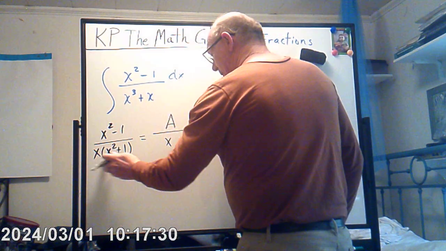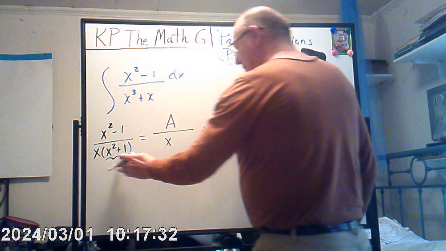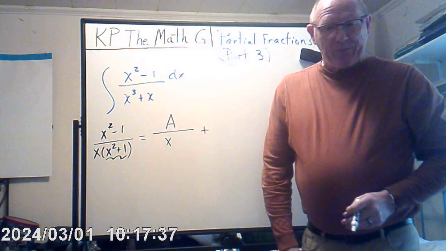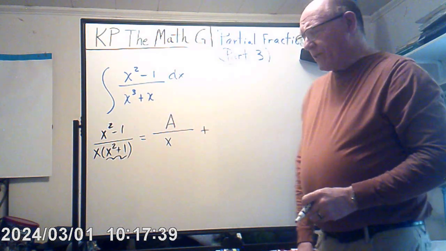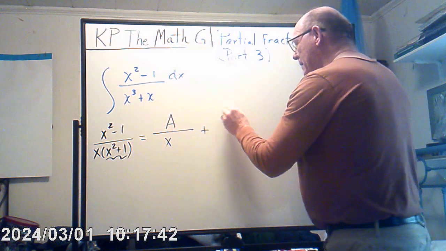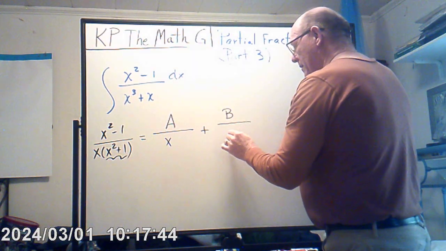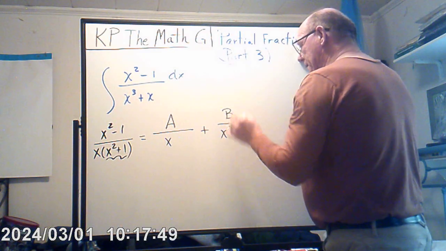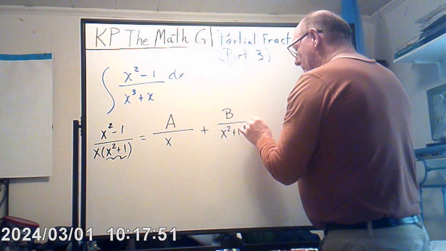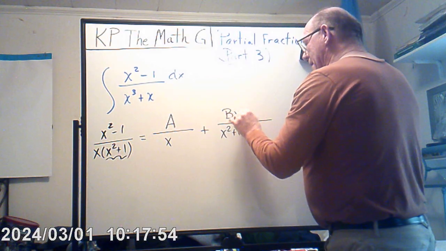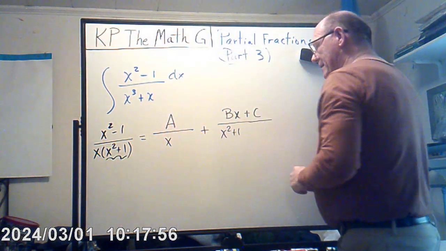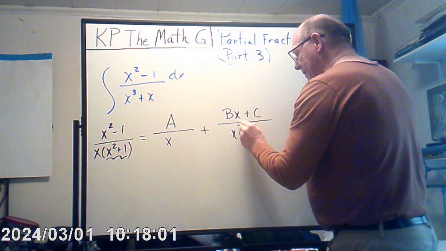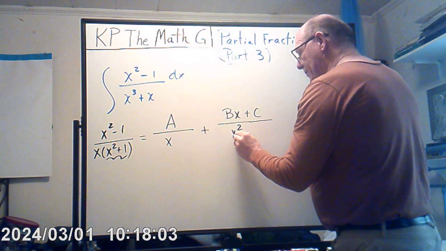Now this one, since it cannot be factored, instead of putting b over x squared plus 1, we want to put bx plus c over x squared plus 1.